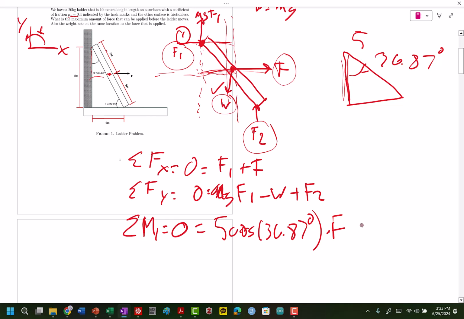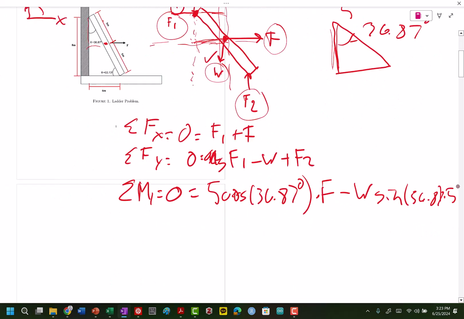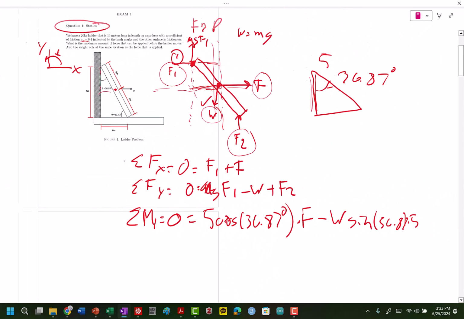That's going to be minus, because I'm going to have to flip the curl direction of my fingers. So minus W times sine of 36.87 times 5, because again, the hypotenuse is 5. All right, we've taken care of those two.